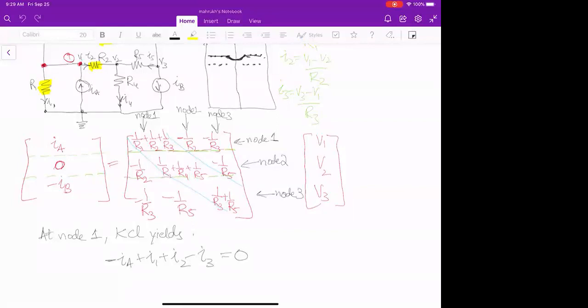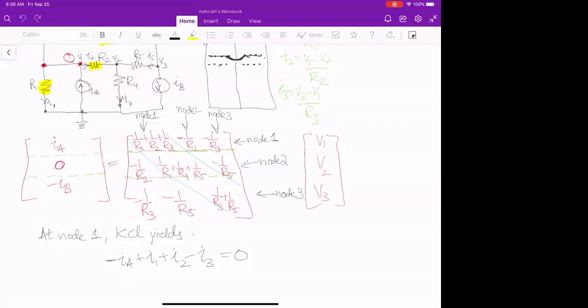Okay, last time we were developing the matrix, and we said that this matrix has symmetry in it.